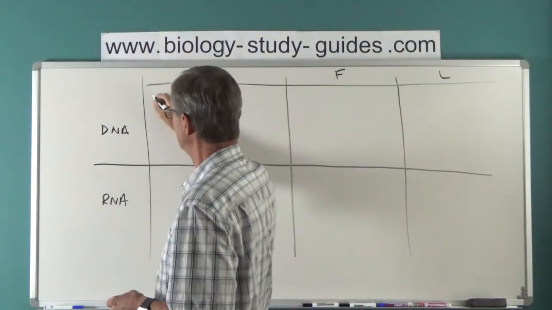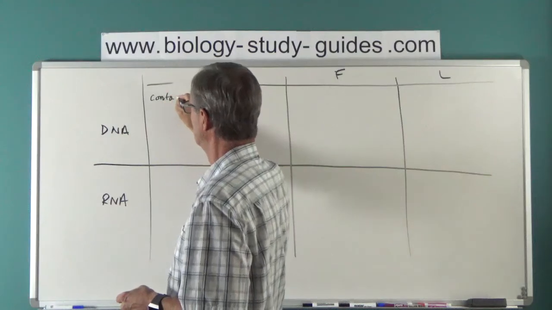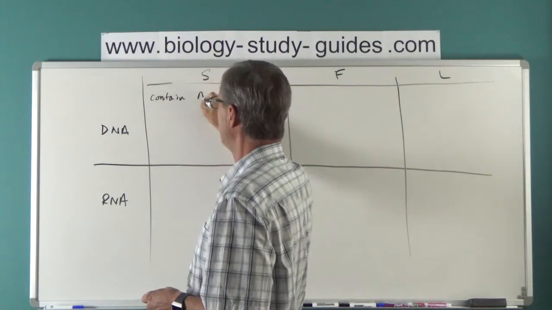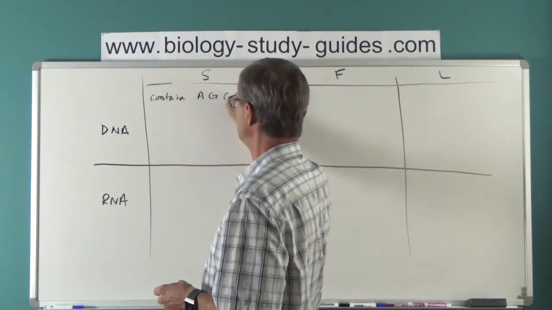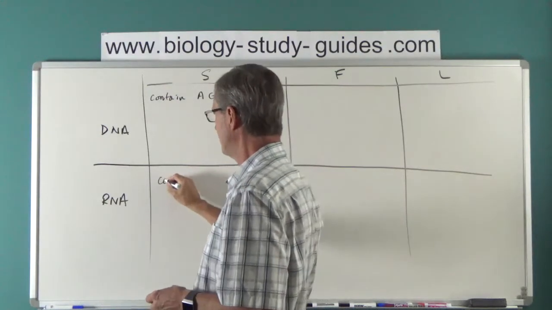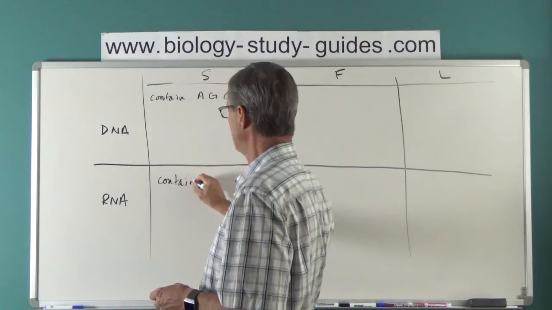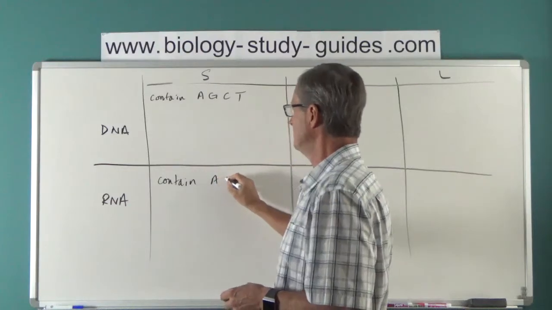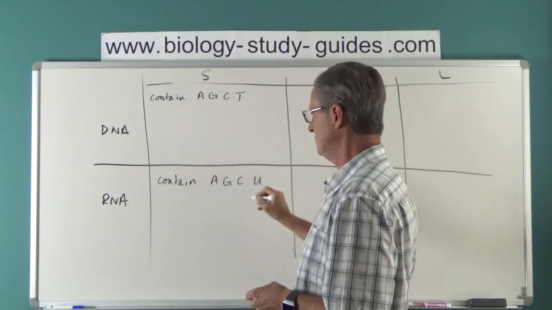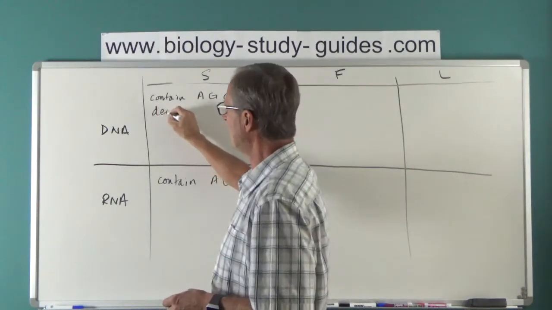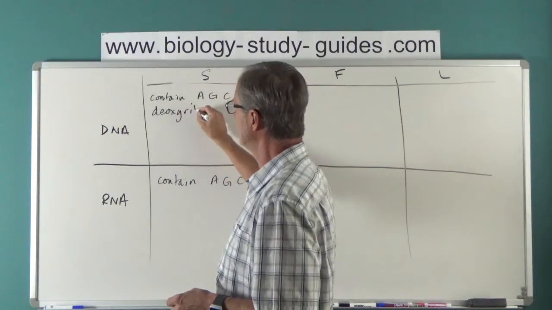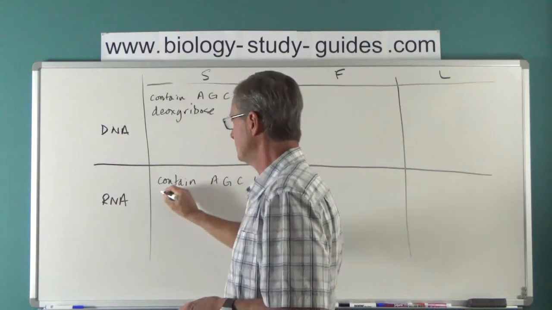These contain A, G, C, and T, where these ones don't have the thymine. They have a different base. They have A, G, C, and U. These ones have deoxyribose. These ones have ribose.